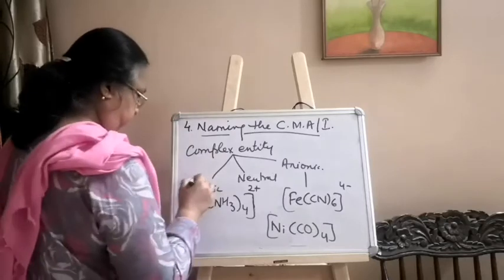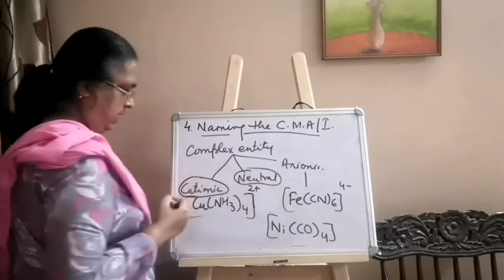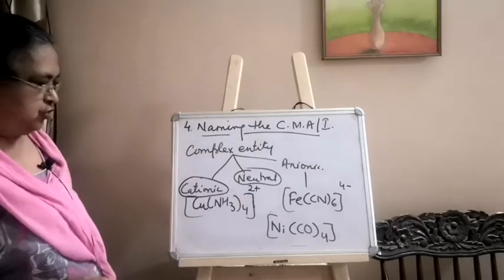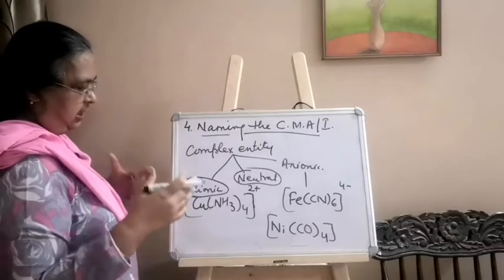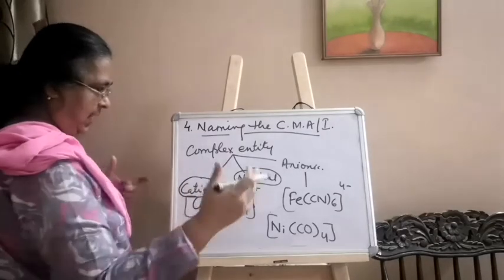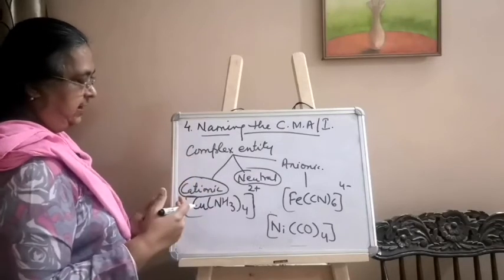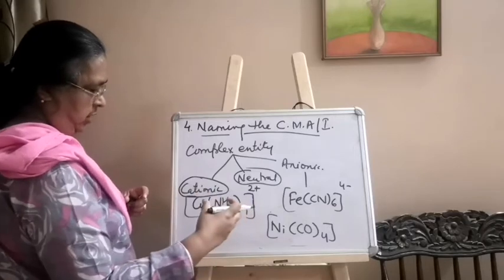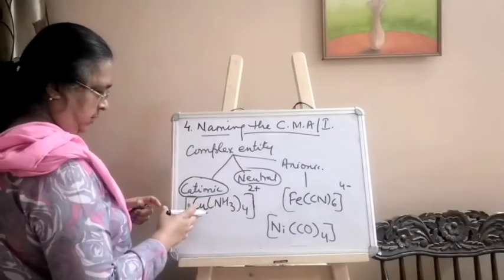So when we have a cationic or neutral complex entity, the name of the metal is written as it is, no change. And that will be written after writing the names of all the ligands, as we have seen in the previous case. You will write the ligand names alphabetically, and when all ligand names are over, without any space, with a small letter, you will write the name of the metal.